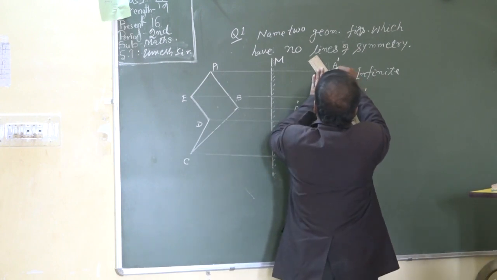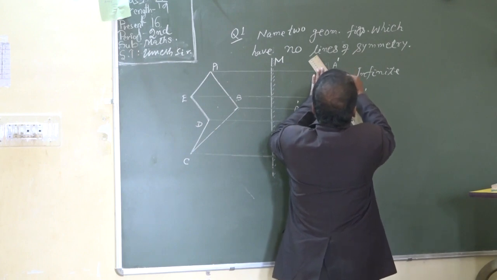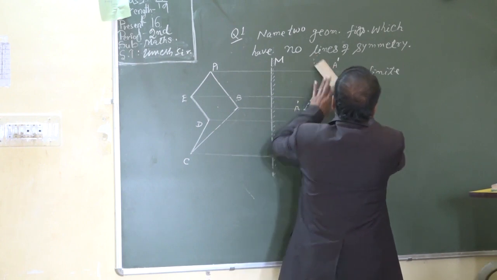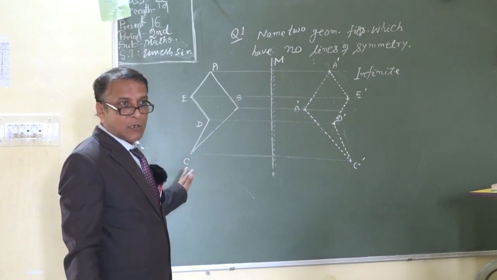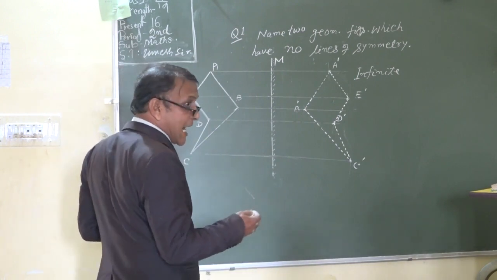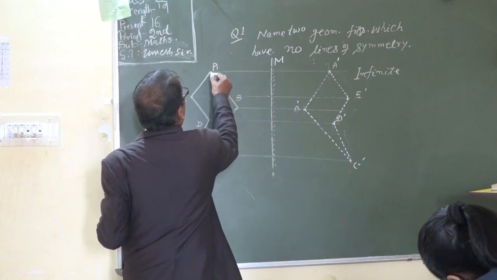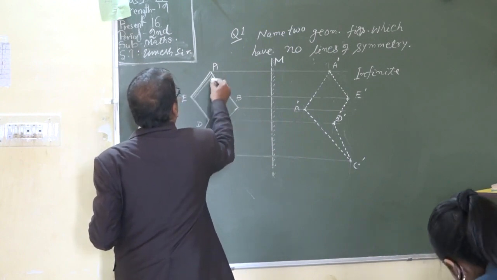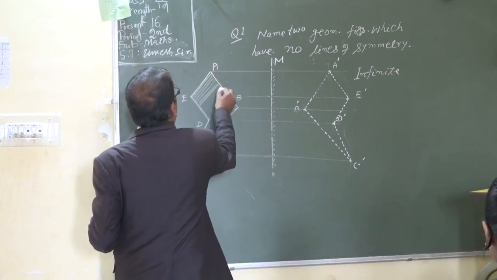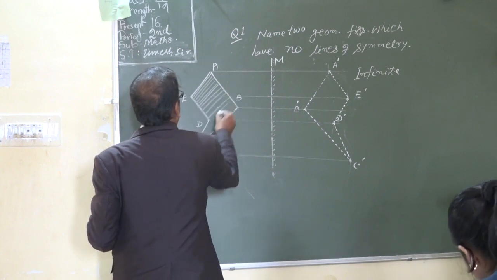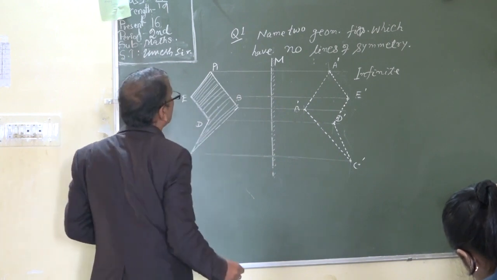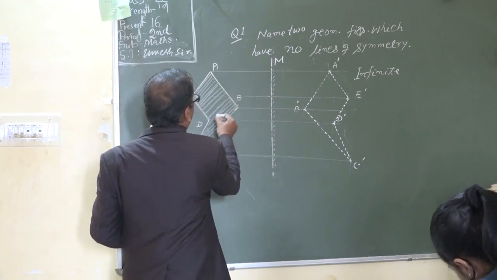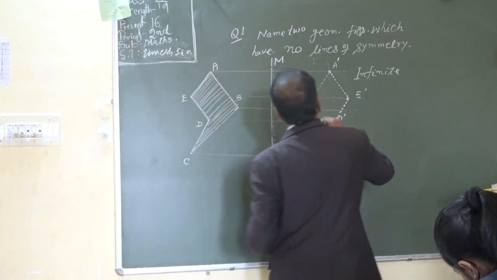Now you are getting the complete mirror image of this figure. Okay? If you shade, then it will also look good. So if you shade the given figure, this is called shading, and also shade the picture you got.